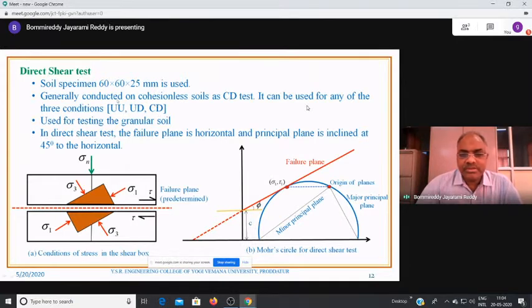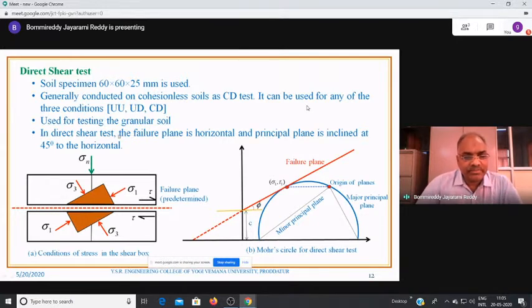But in the majority of the equipment there is no particular measurement, and the testing is conducted only in undrained, unconsolidated mode, UU only, and it is most useful for granular soils. Granular soils normally means the cohesion value is 0. Sometimes it can also be used for C-phi soils, where both cohesion and angle of internal friction are present.